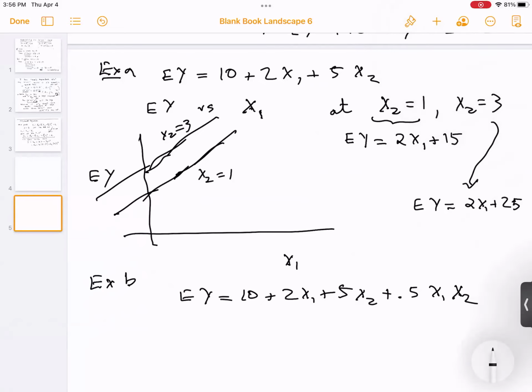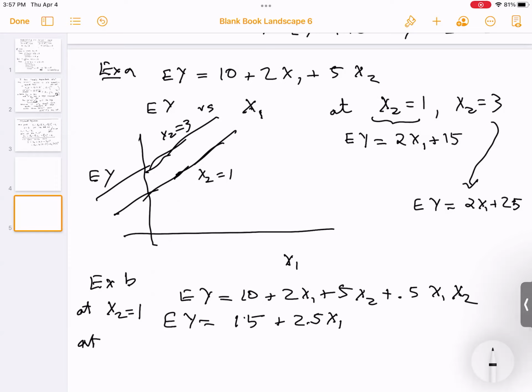Let's see, I think we can do this anyway. So say x2 equals 1 again. At x2 equal to 1, E(Y) is just equal to, well, I get the 15 again, but the linear term changes, so I get plus 2.5 x1.